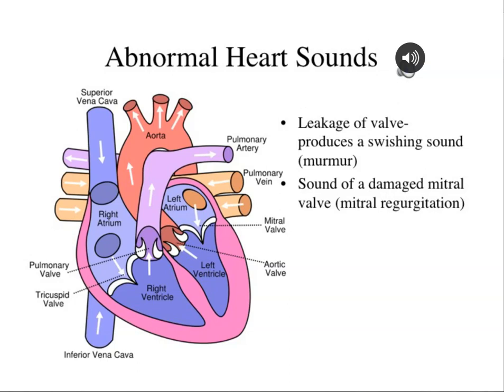Now, one of the most common murmurs is a mitral valve murmur. Remember, the mitral valve is on the left side of the heart, and this is under a lot of pressure. The wall of the left ventricle is much thicker than the right ventricle. This is a pump. This is a muscle.